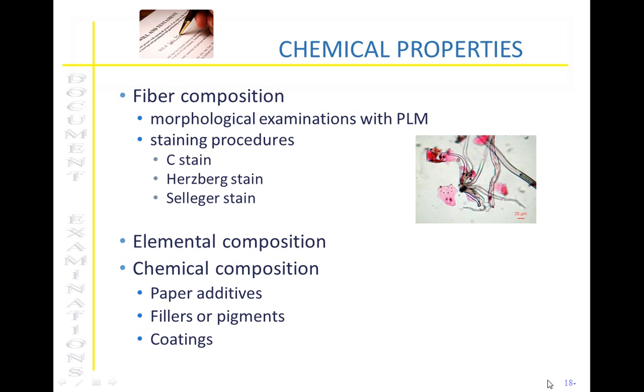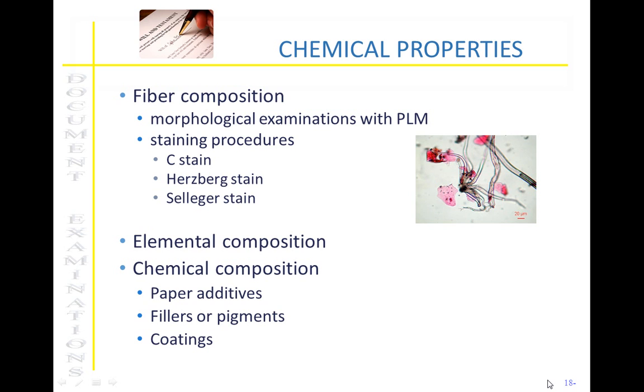They can do examinations under a polarized light microscope to actually visualize the morphological characteristics of the fibers themselves, but then they can also use various stains to help identify, is it a cotton fiber or is it another type of fiber that's actually used in the production of that paper. So there's 3 common stains that are used to help identify what type of fiber is used in that document.